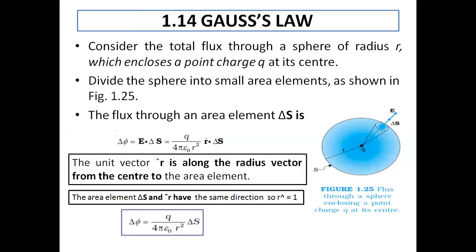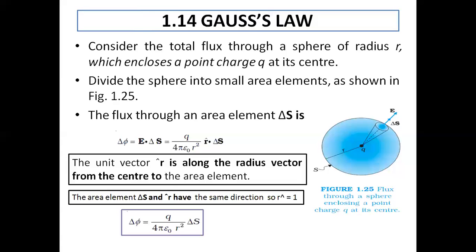The flux associated with this smaller surface, delta phi, is equal to electric field E dot delta S.